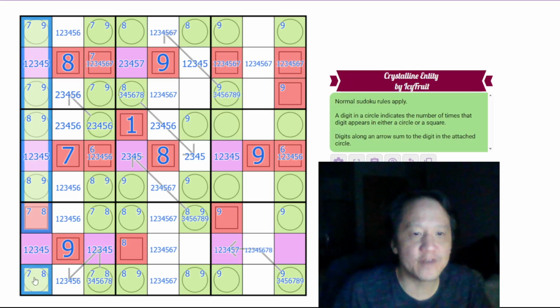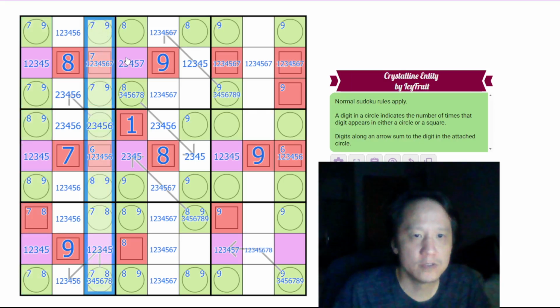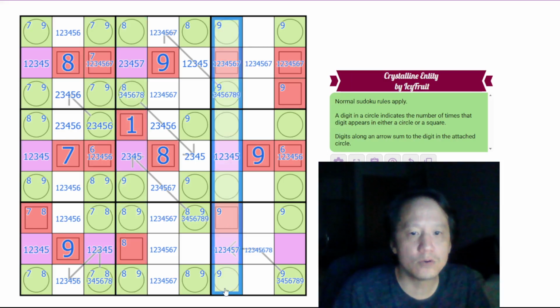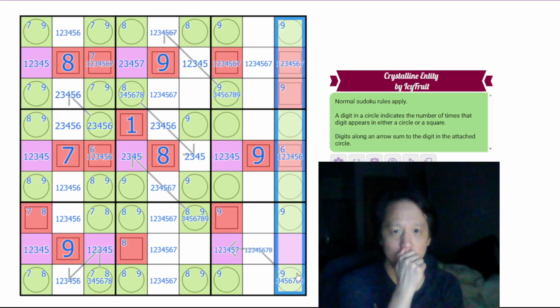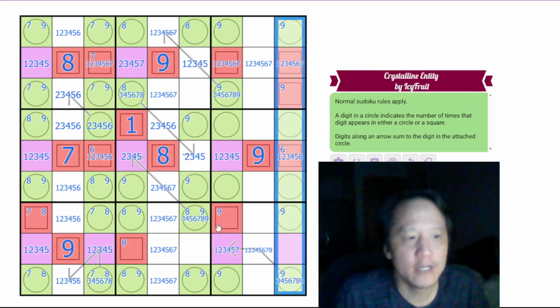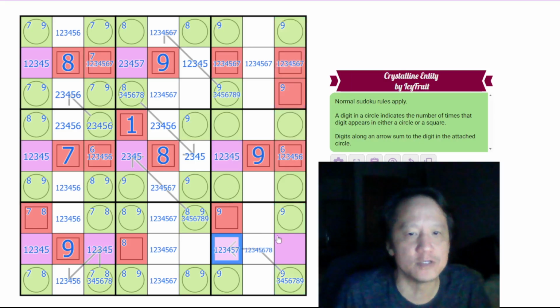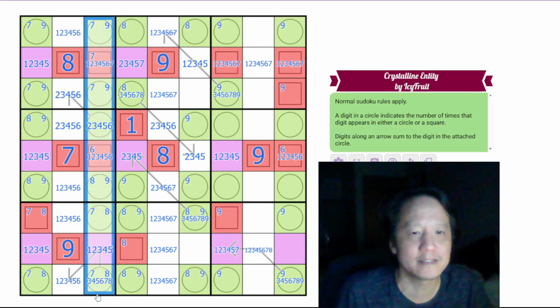In these 5 columns, we only have availability to not be a circle or square in 3 rows. Therefore, in those columns specifically, the 2 has to be in the circle or square.